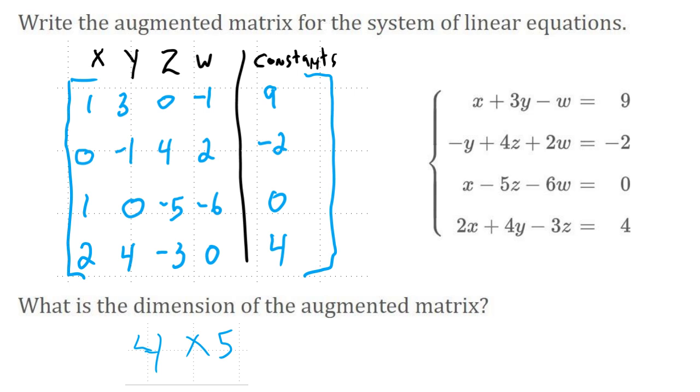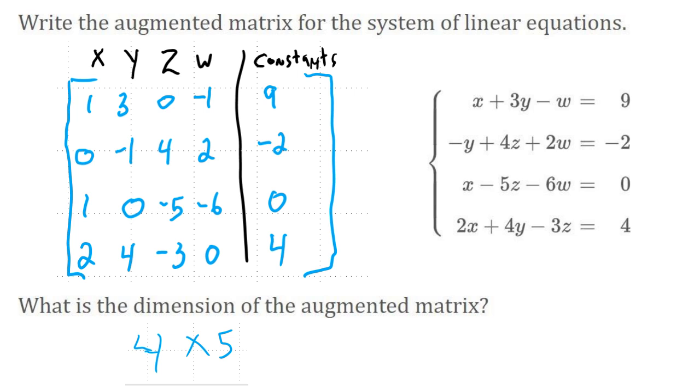All right, let's do our last line, line 4. The coefficient for x is 2, the coefficient for y is 4, the coefficient for z is -3, and I don't have a w, so my w would be 0 here, equals 4. Voila. I converted a linear system into its augmented matrix form.